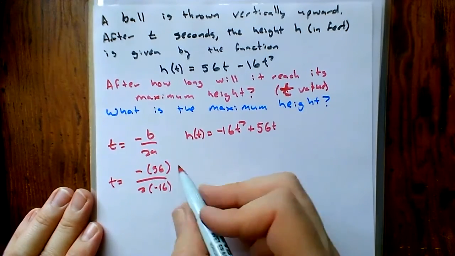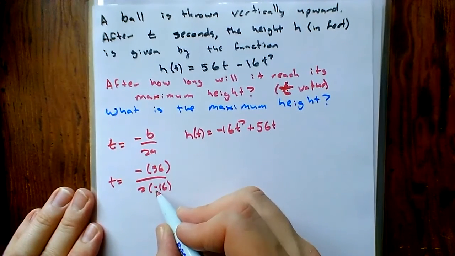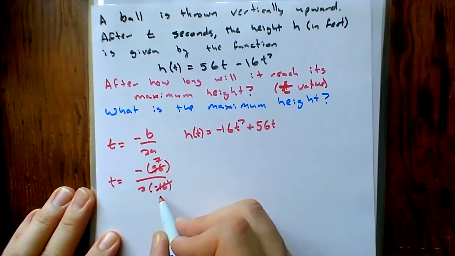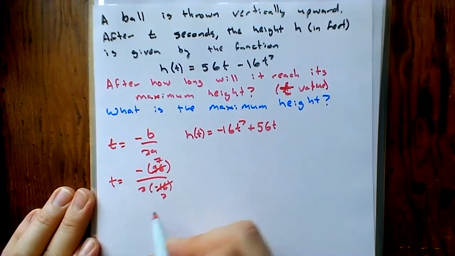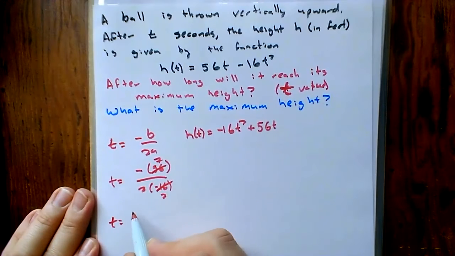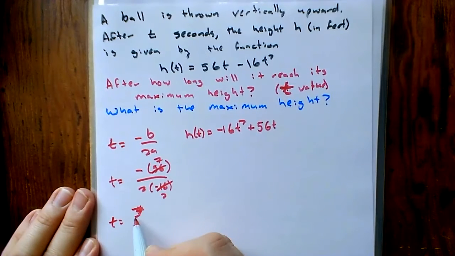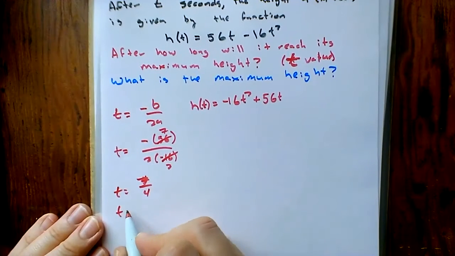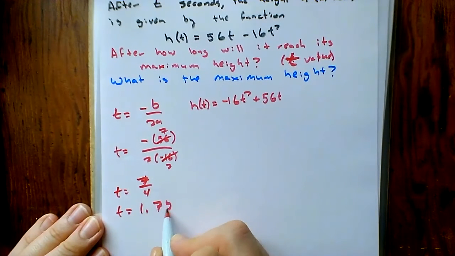I could simplify this. 8 goes into both of those, like 7 times 2. So t is 7 over 4. That doesn't really work for a time, so I would just say that my time is 1.75 seconds.